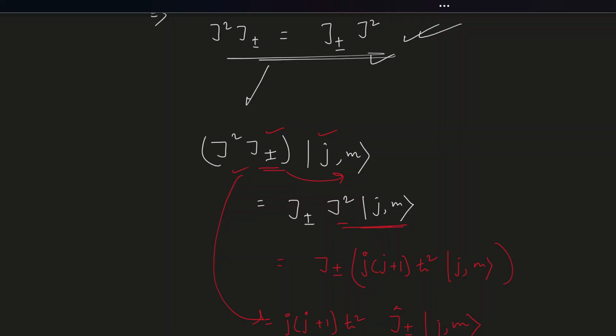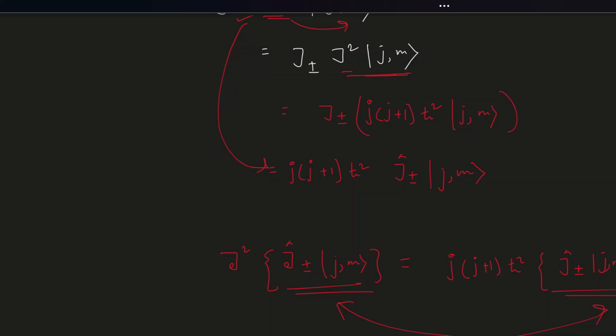So basically this operator j squared shows that jm is an eigenstate of j squared with the eigenvalue j into j plus 1 h-cut squared, and similarly, due to the commutator relation being true, you can also say that j plus minus jm is an eigenstate of j squared with the same eigenvalue of j into j plus 1 h-cut squared.